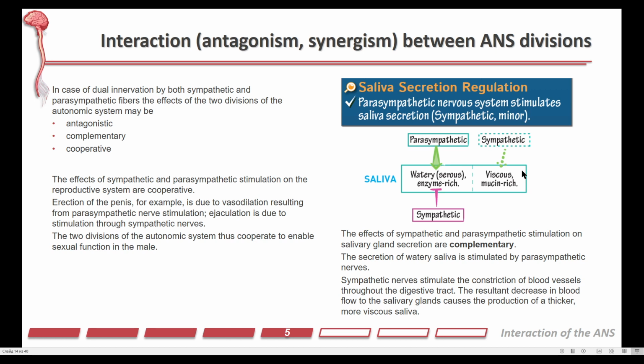Now, other options of interaction include complementary and cooperative. So let's talk about cooperative action. It's about the reproductive system. We have two processes. Let's talk about the male one.